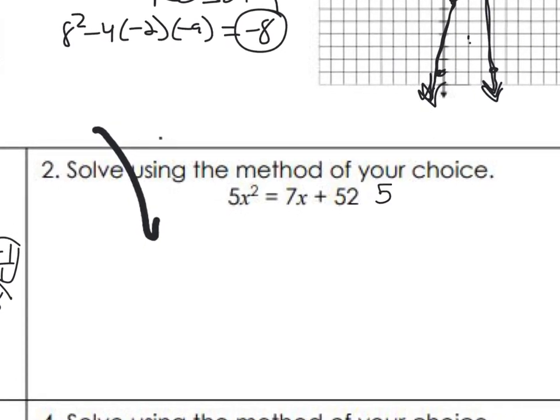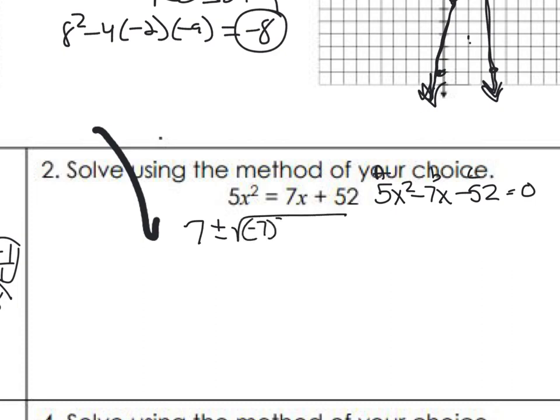Put it in standard form, 5x squared minus 7x minus 52. Okay. So a times c. There's not going to be any factors for that, so I need to use my quadratic. So a, b, and c. So opposite of negative 7, 7 plus or minus square root of negative 7 squared minus 4 times 5 times negative 52 over 2 times a.